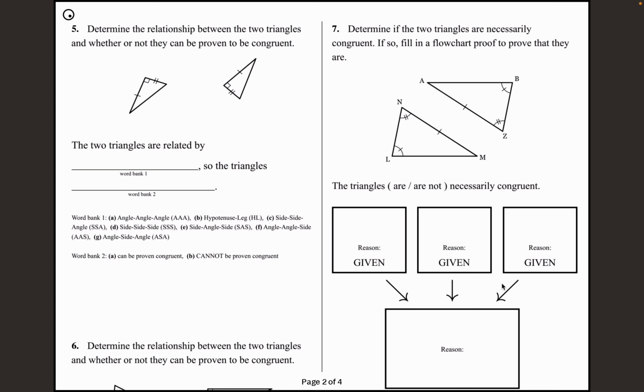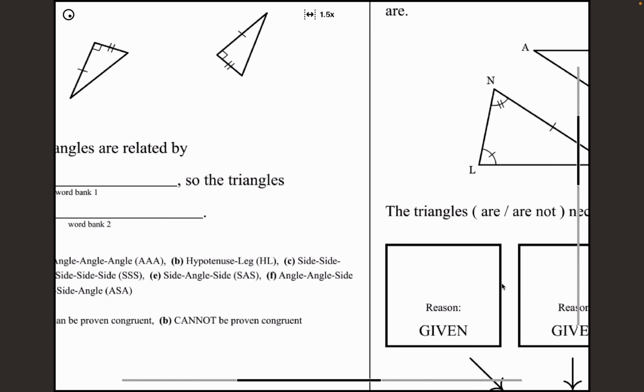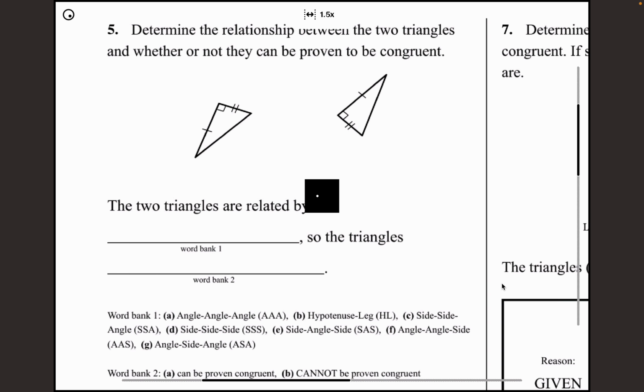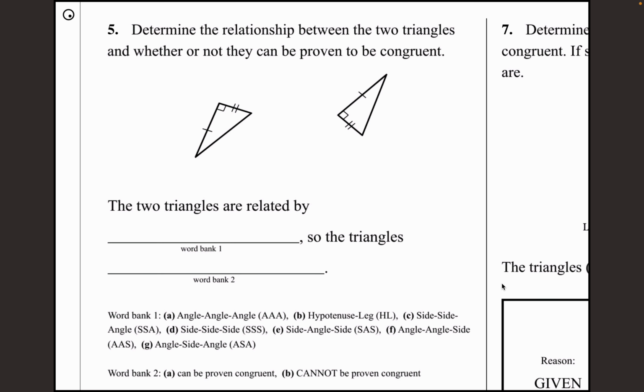Let's look at this one. Who can tell me what this is an example of? Is it HL? No. There's only one angle. Now, this is a right triangle, okay?